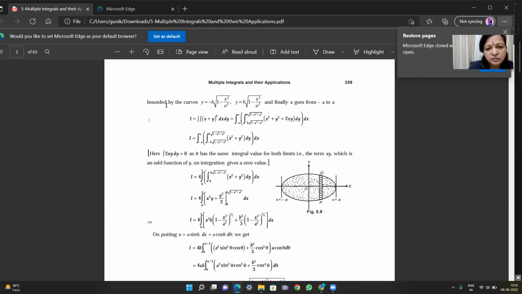So the given ellipse is the curve bounded by these two values, y equal to minus b under root of 1 minus x square upon a square, and y equal to b under root of 1 minus x square upon a square, and finally x varies from minus a to a. So this integral takes this form.